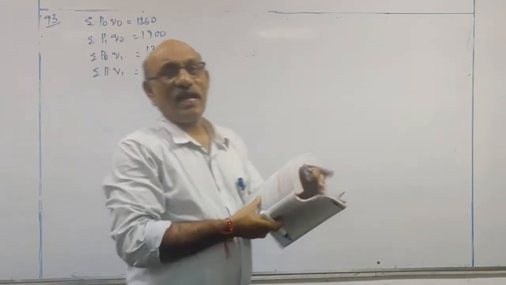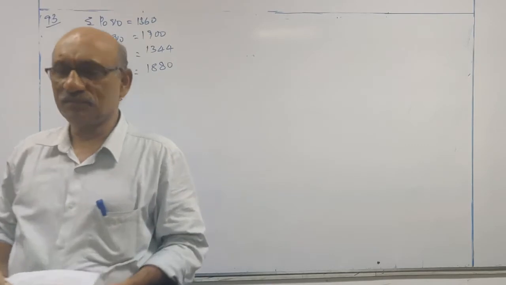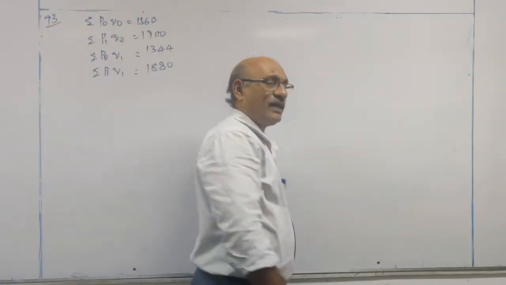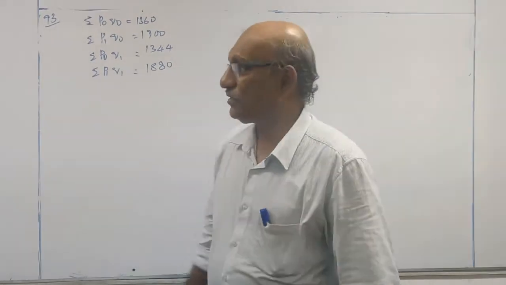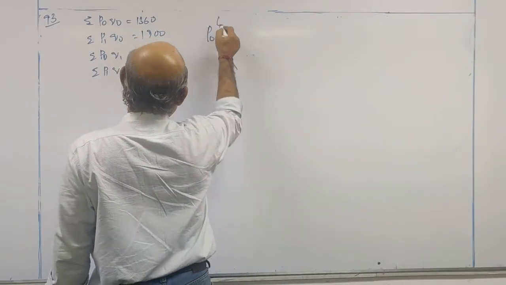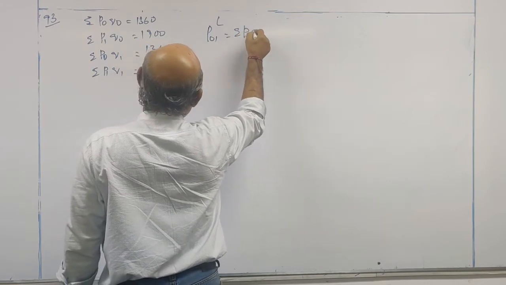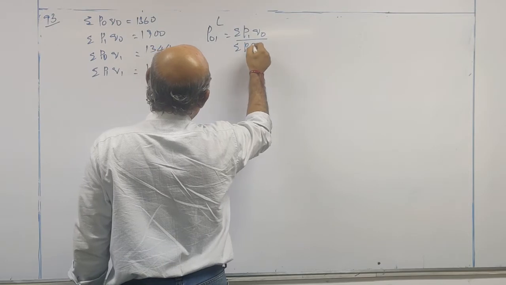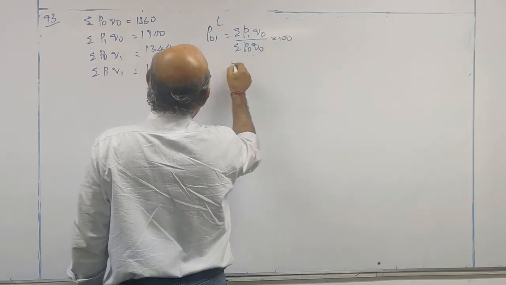We have taken 1 as the suffix for current year, whereas in the ICA material N is taken as the suffix for current year. Both are one and the same. So you have to calculate the price index number of last year. Summation of P1 Q0 by summation of P0 Q0 into 100.